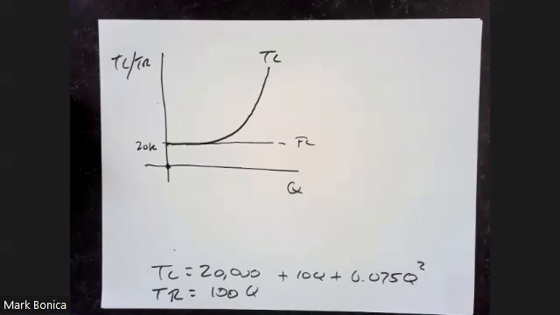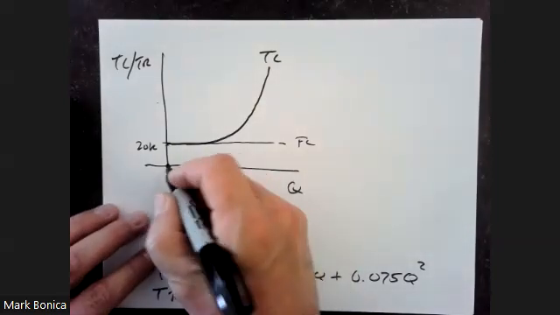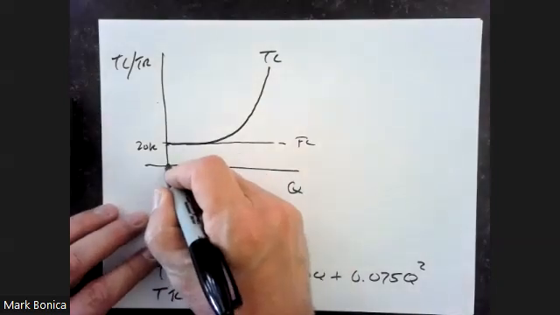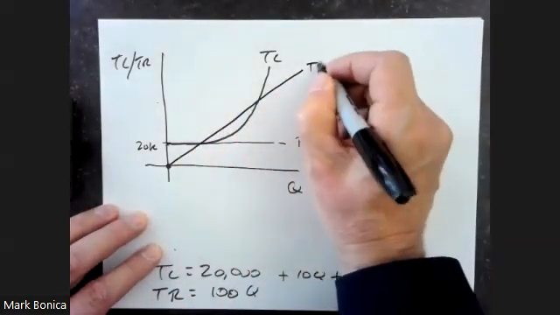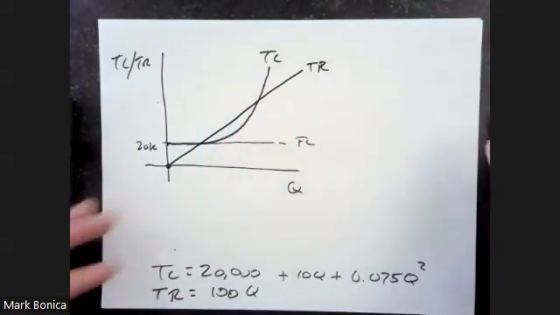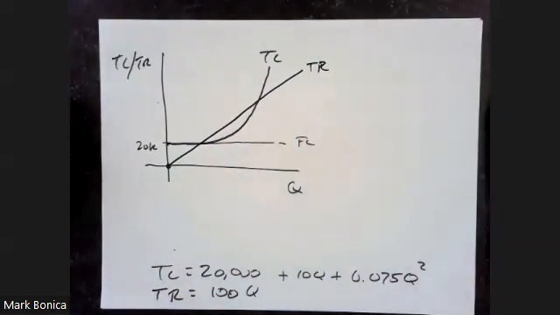All right. So if I'm going to graph that, it'll probably look something like this. It's going to start going up in a straight line. It's going to take a while for it to get up to the total cost curve, because the total cost curve starts at 20,000.